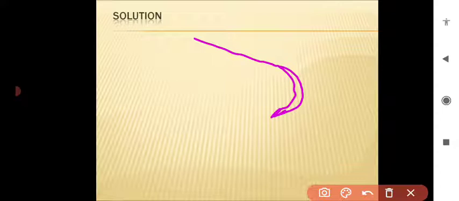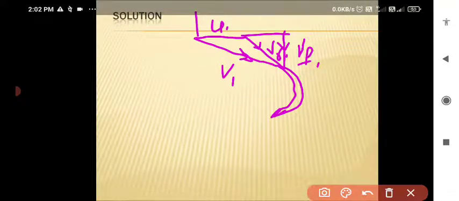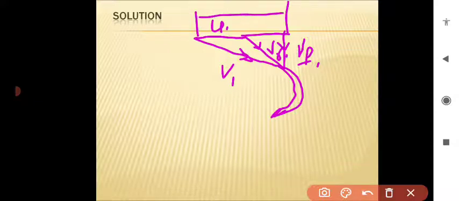This is the velocity of the blade u1, this is the velocity of the jet v1, and here the relative velocity is vr1. Here the vertical component is the flow velocity Vf1, and this is the total horizontal component Vw1. This makes an angle alpha, and here it is theta.